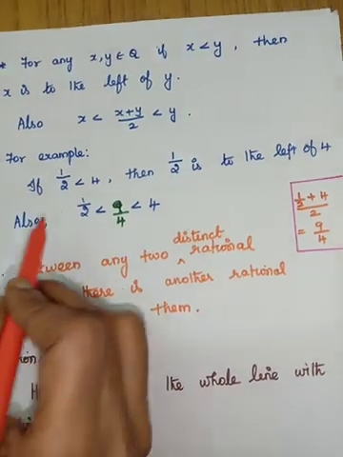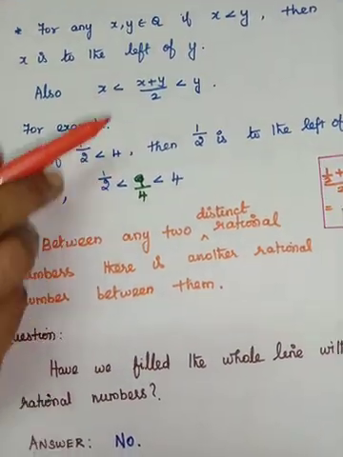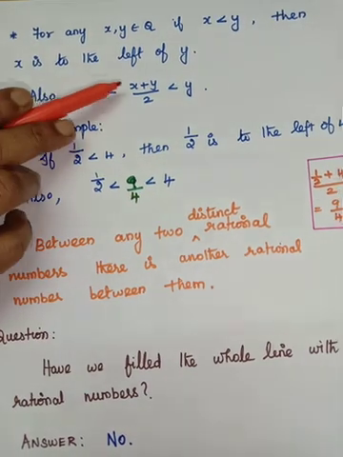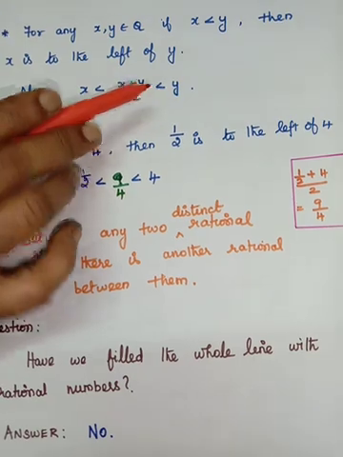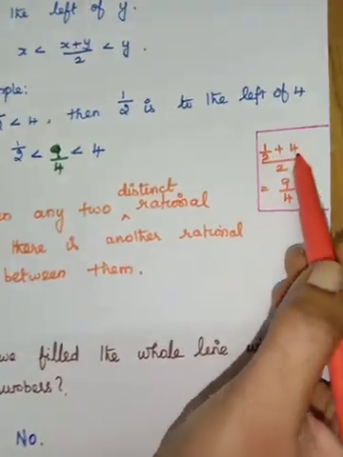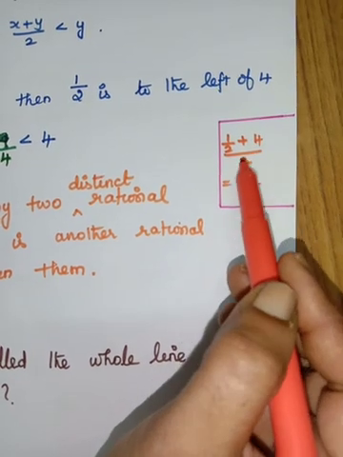Here I have written x as 1 by 2 and y as 4. So what is (x plus y) by 2? It is the average of x and y. So here I will add these two numbers and divide by 2: 1 by 2 plus 4, divided by 2.